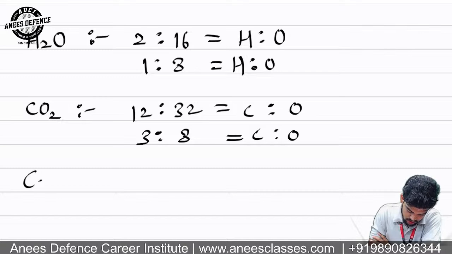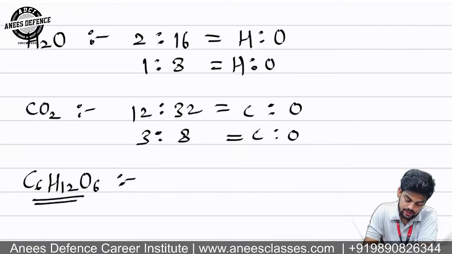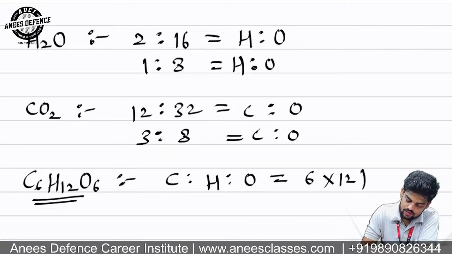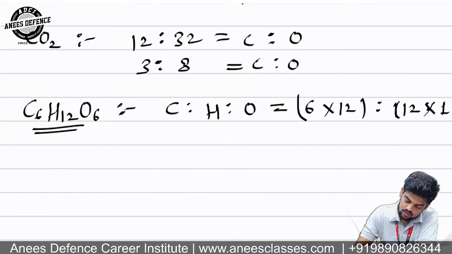Take one more example, glucose. What is the formula for glucose? C6H12O6. In a glucose molecule, the ratio of constituent atoms, carbon to hydrogen to oxygen: there are 6 carbons, each with mass 12 units; there are 12 hydrogen atoms, each with mass 1 unit; there are 6 oxygen atoms, each with mass 16 units.